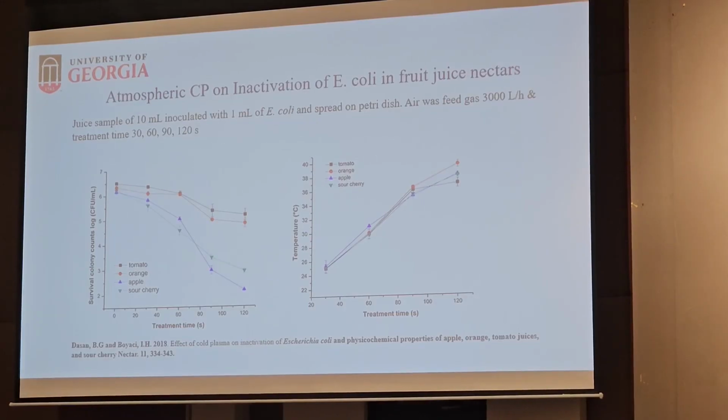So we're not sure whether there is a synergistic effect of temperature, though the temperature increase was not very high, but still there is some increase in their temperature. They did not control the temperature very well. The units we have, we control temperature within 2 degrees Celsius. So temperature doesn't change from room temperature to maximum 2 degrees.